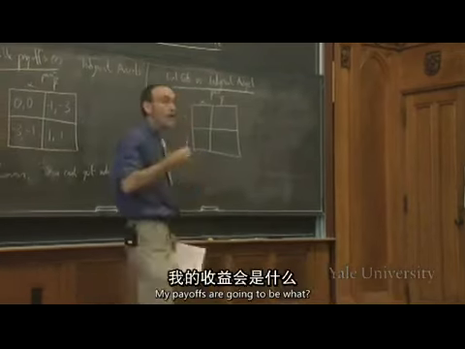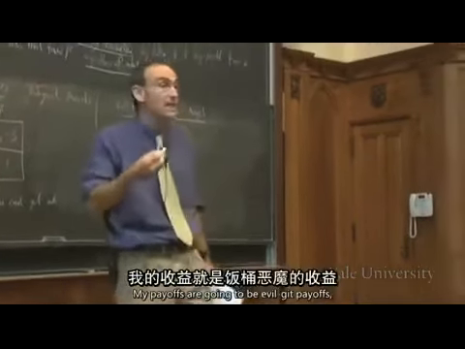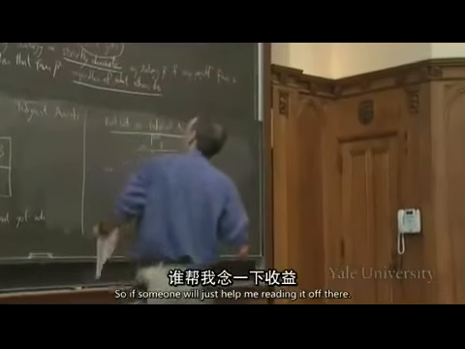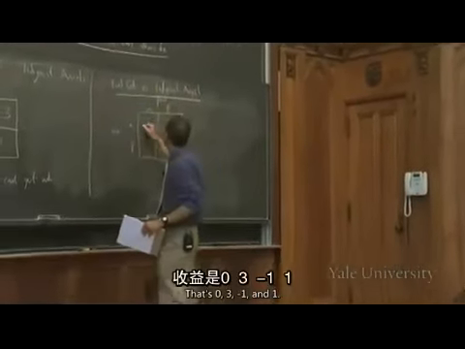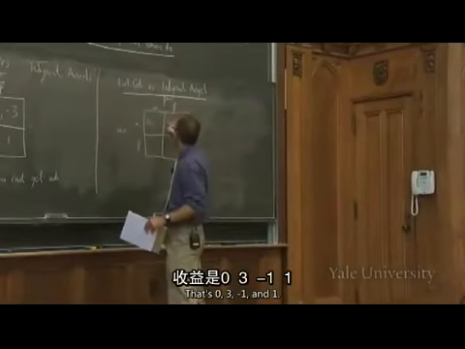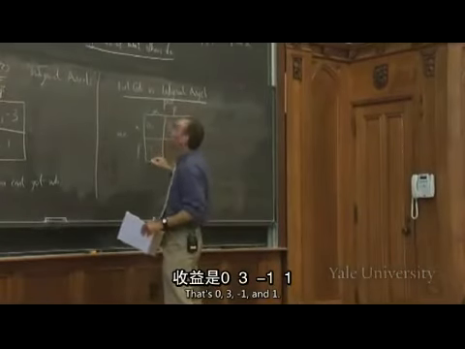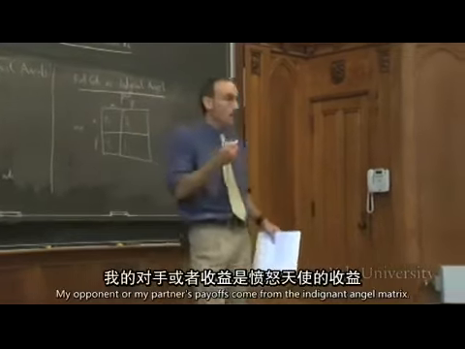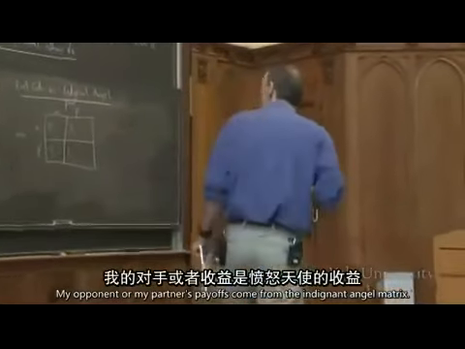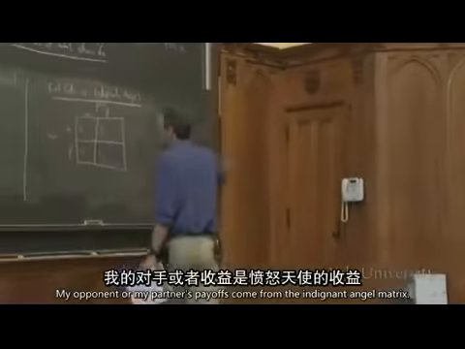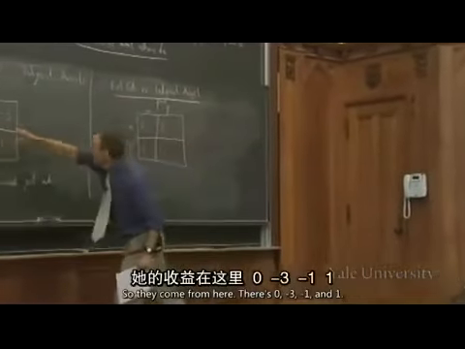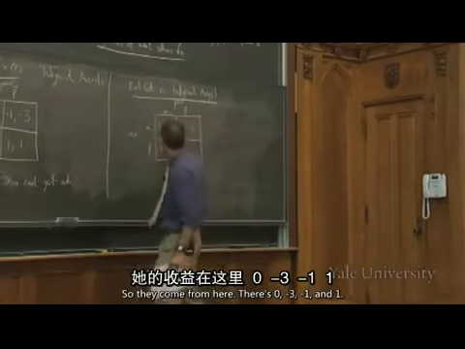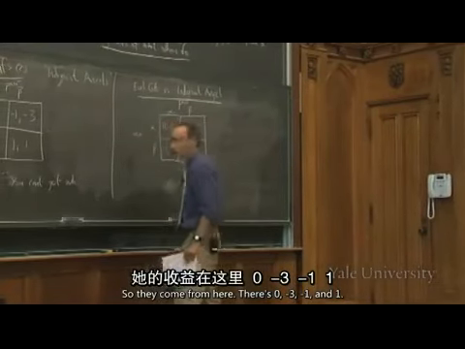My payoffs are going to be the evil git payoffs, so they come from the matrix up there: a 0, a 3, a -1, and a 1. My partner's payoffs come from the indignant angel matrix: there is 0, a -3, a -1, and a 1.